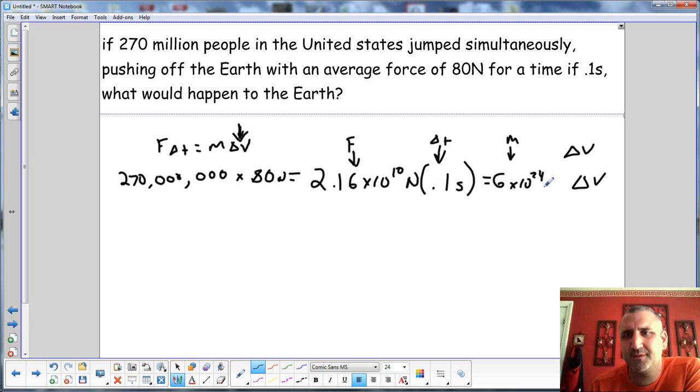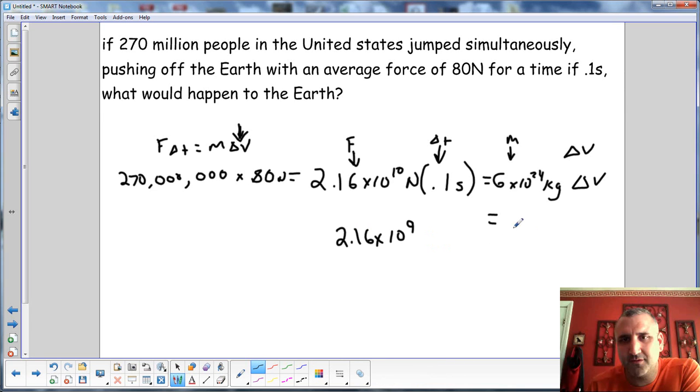So I'm going to multiply this side times 0.1. Now I'm at 2.16 times 10 to the 9th. Then I have to divide both sides by 6 times 10 to the 24th. If you use their mass of the Earth, you're going to come out with an answer that's close to what I'm going to get, though not exactly.